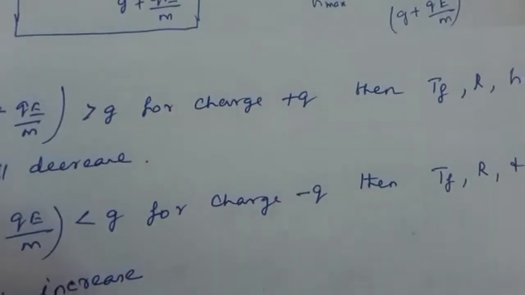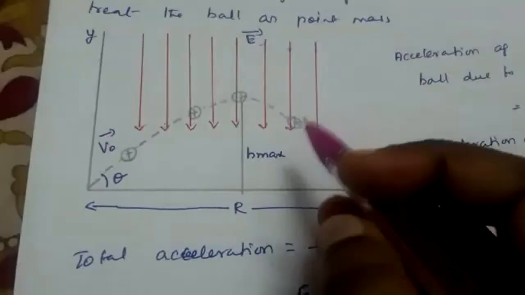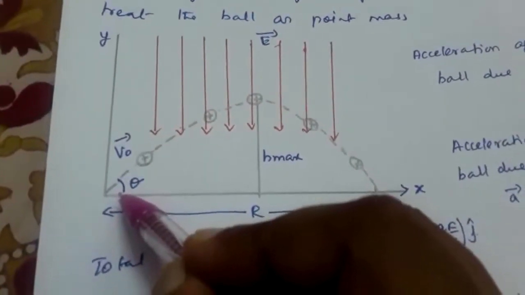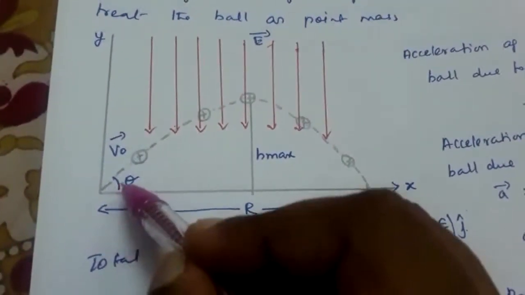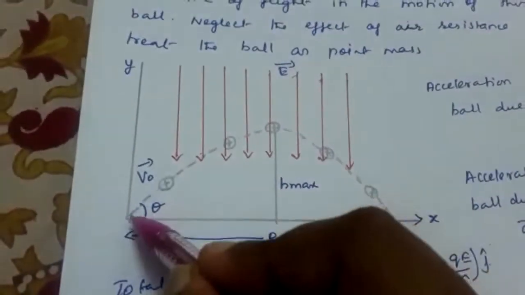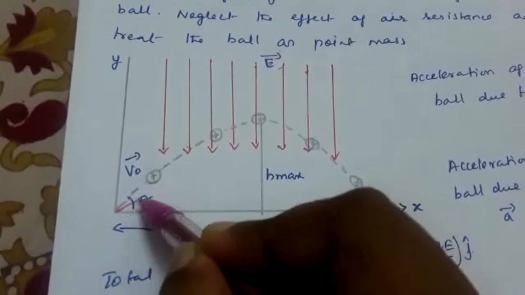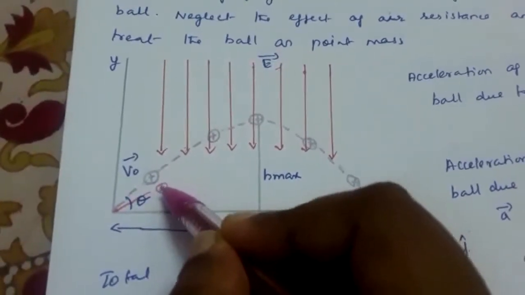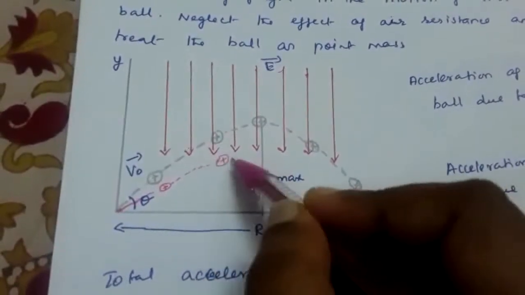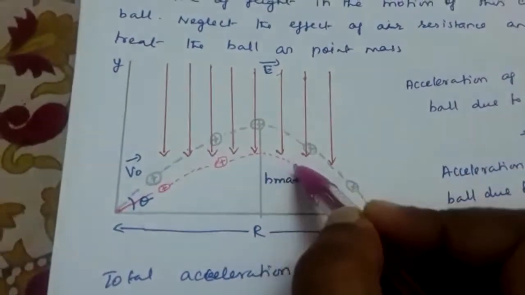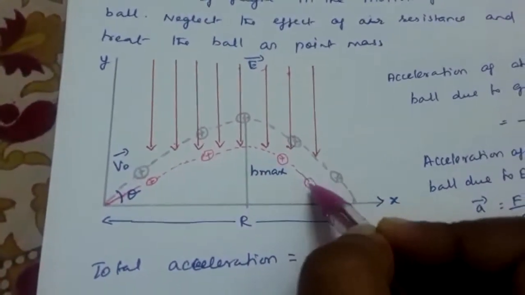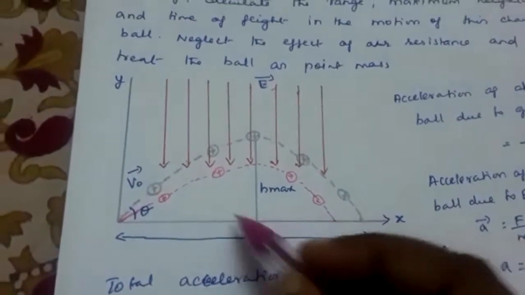Now we can draw this in the diagram. Now I am going to draw for charge plus q. For the charge plus q, we have seen that all the values are decreasing: the range, the maximum height and the time of flight. So for the charge plus q, the range is like this.